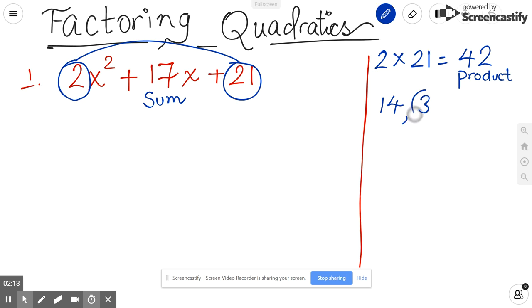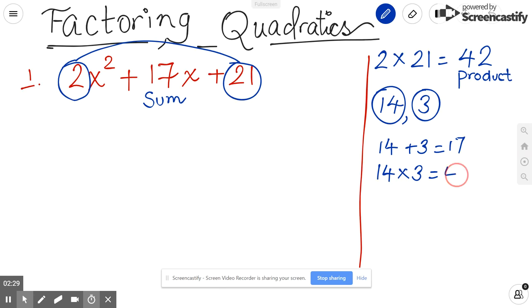I hope you agree with me because 14 and 3 are the only numbers that hold true for this given question. Because 14 plus 3 is 17 and 14 times 3 is 42. So it holds true in both the cases, as you can see.